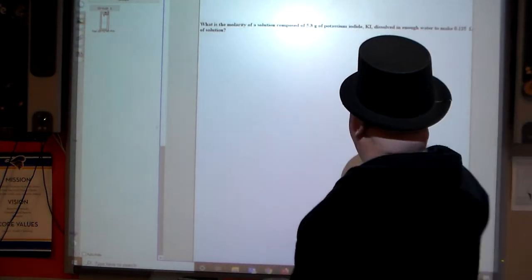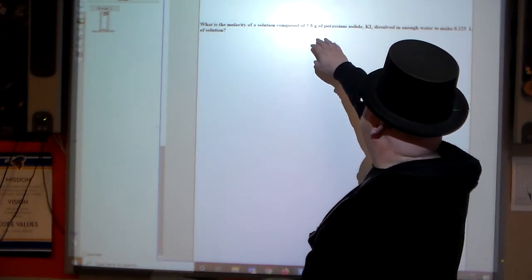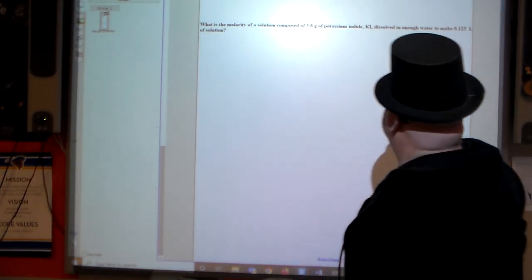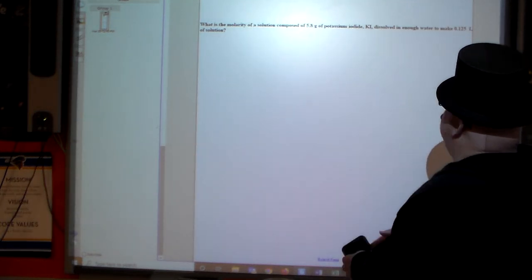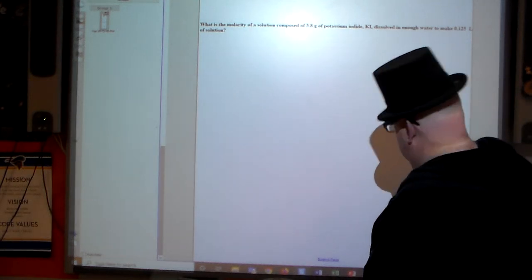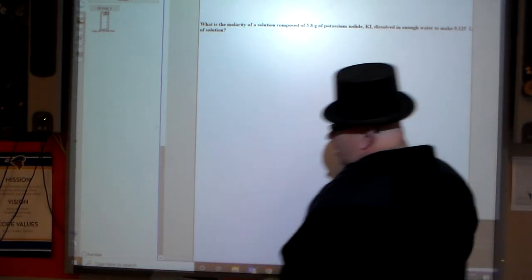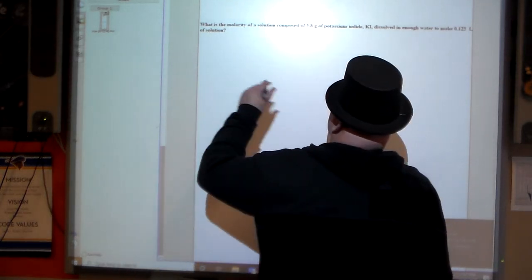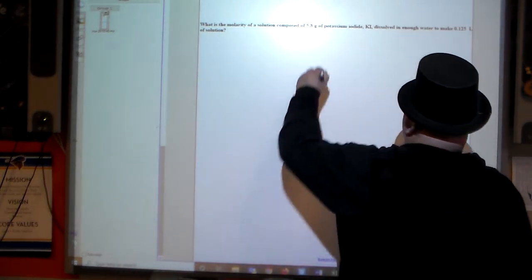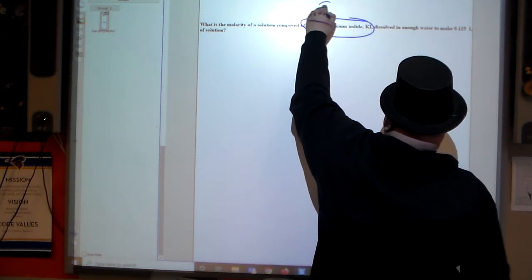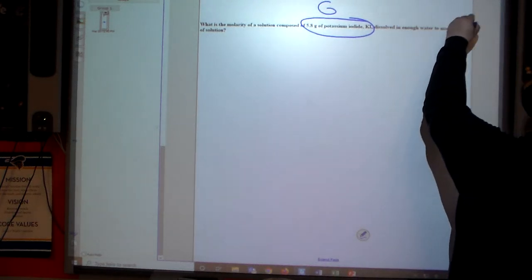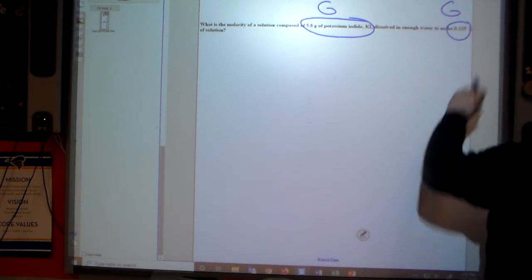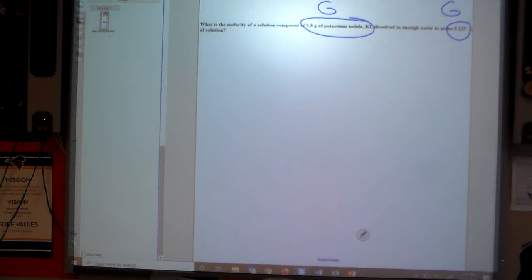So here, what is the molarity of a solution composed of 5.8 grams of potassium iodide, KI, dissolved in enough water to make 0.125 liters of solution? What am I given? I am given 5.8 grams of potassium iodide, and I'm also given 0.125 liters.